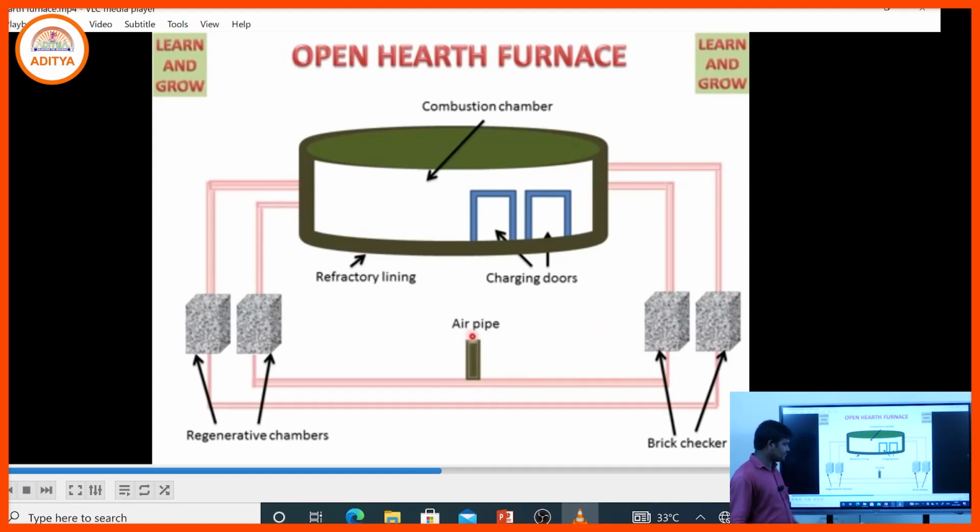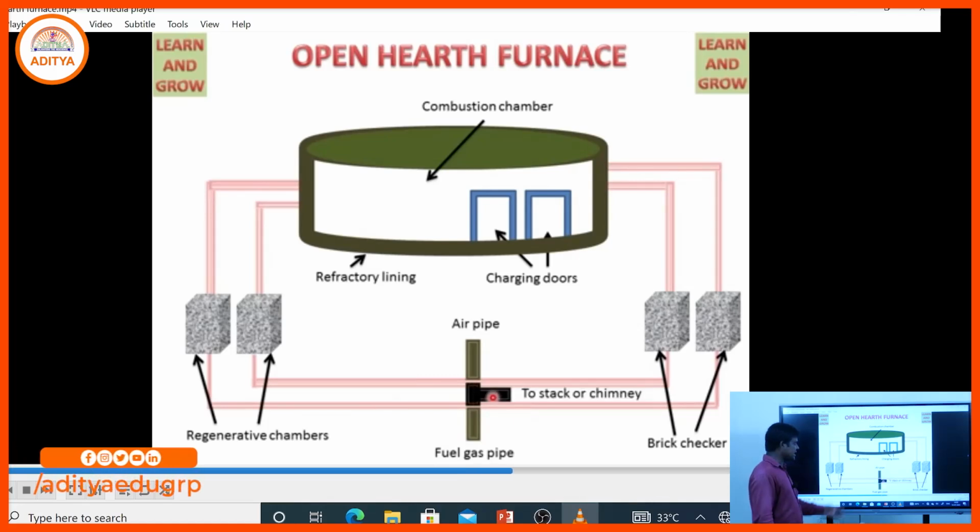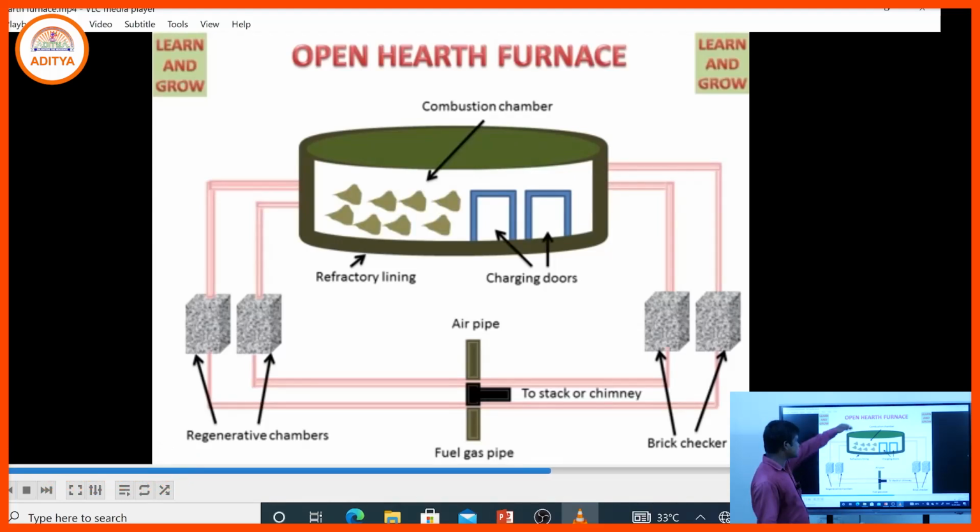That is the air pipe, and that is the fuel gas pipe, and in between we have kept the chimney. Some part of the fuel gas passes through the piping system, and some of the gases go out through the chimney. The metal scrap is kept in the combustion chamber, passing through the charging doors.